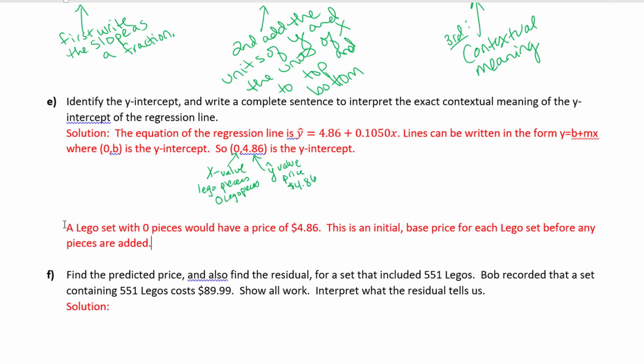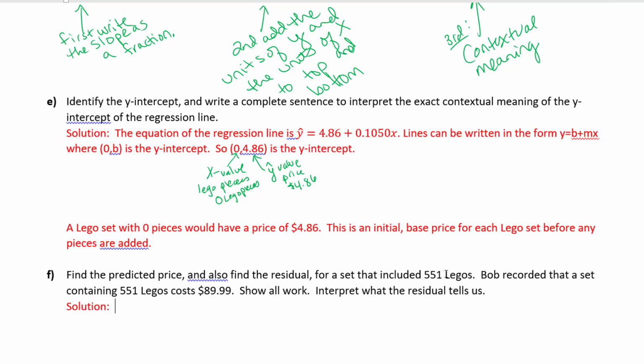So literally in context, it would mean that a Lego set with 0 pieces would have a price of $4.86. Of course, you can't buy a Lego set that has no Lego pieces in it. So really, in context, it means that this is an initial base price that's charged for each Lego set before any pieces are added.